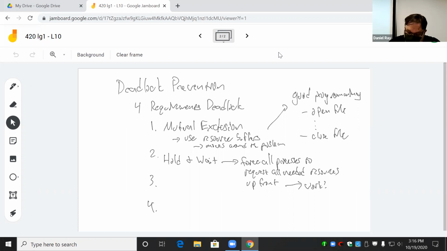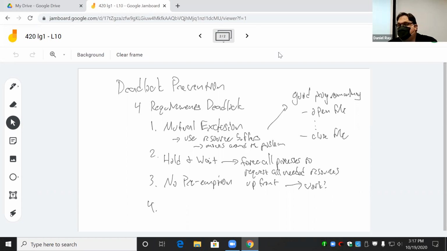Third thing, no preemption. That principle means that no other process can take resources from another process.